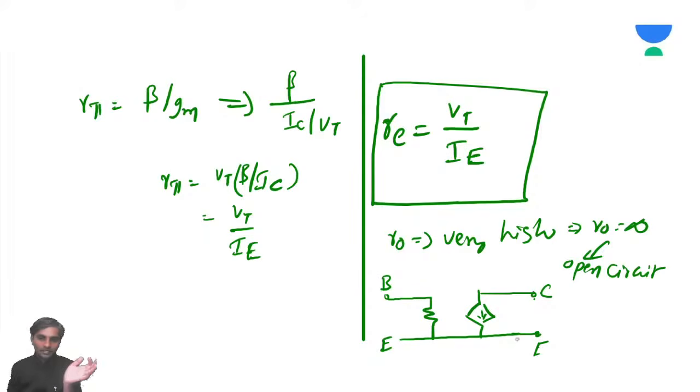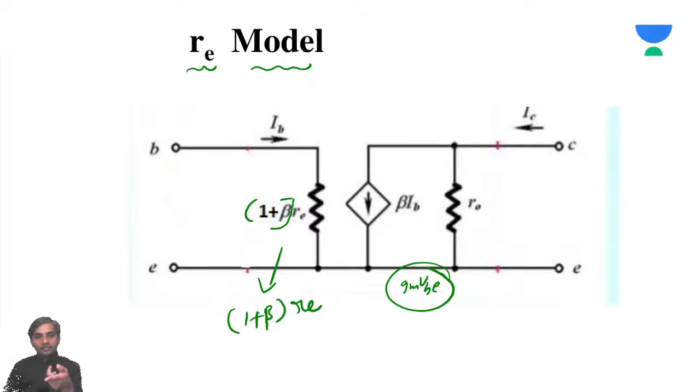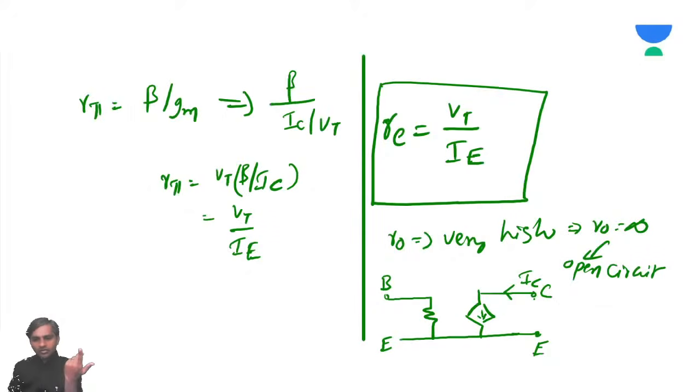This R naught can be neglected, sir. You'll have current IC. What have we written, sir? IC is equal to beta IB. Yes or no? Yes, sir. Beta IB, same value. So what is this? This is going to be RE. What is that? It is going to be 1 plus beta into RE. This is going to be emitter.